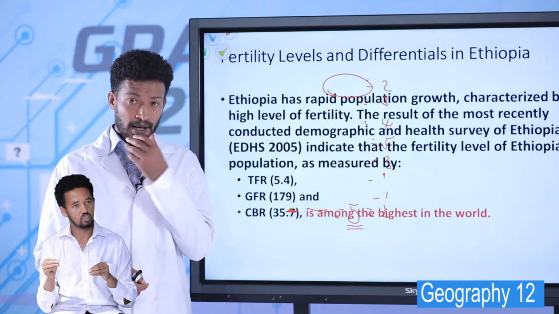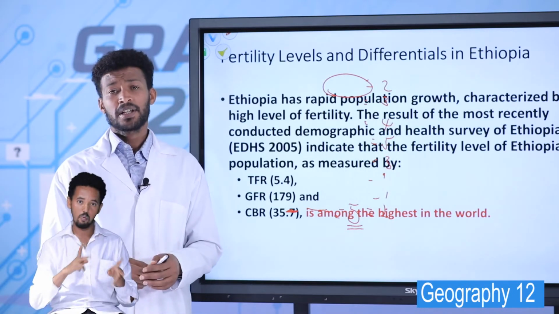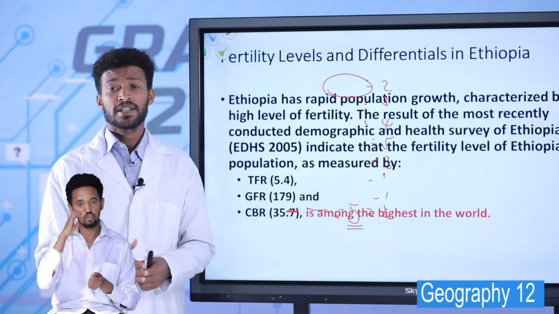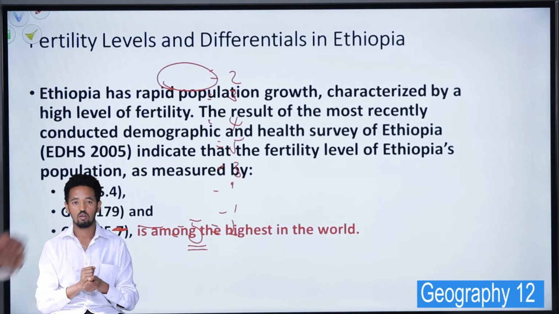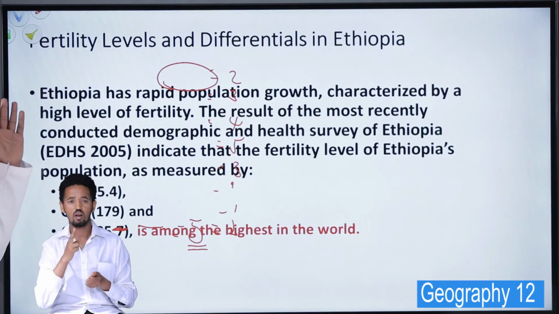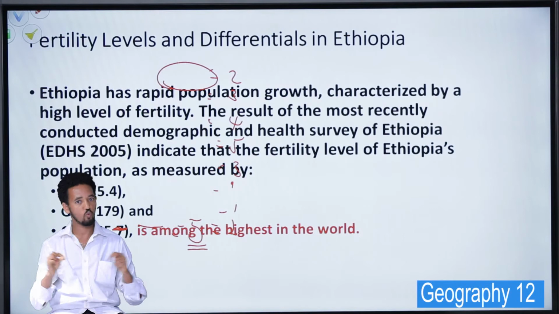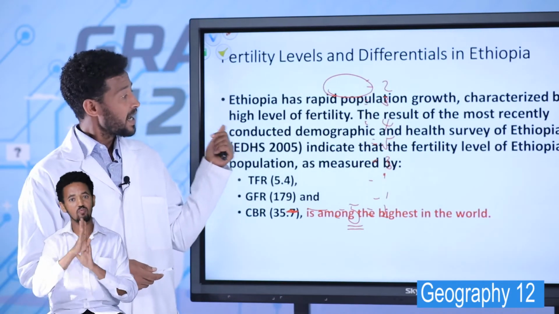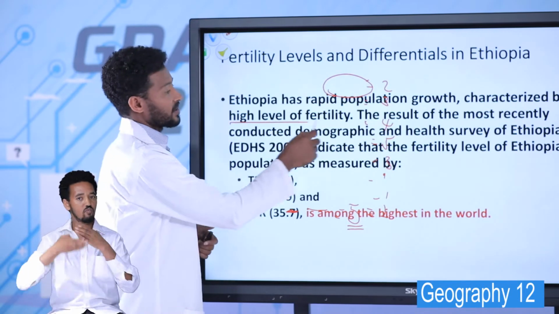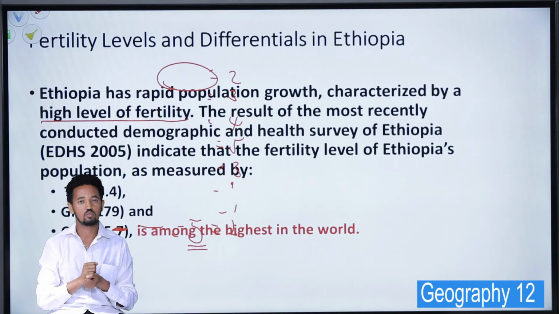Students, by using this formula, we can talk about the fertility differences of Ethiopia's population. There are levels of fertility differences in the Ethiopian context. For example, Ethiopia has rapid population growth characterized by a high level of fertility. This is a characteristic of Ethiopia.